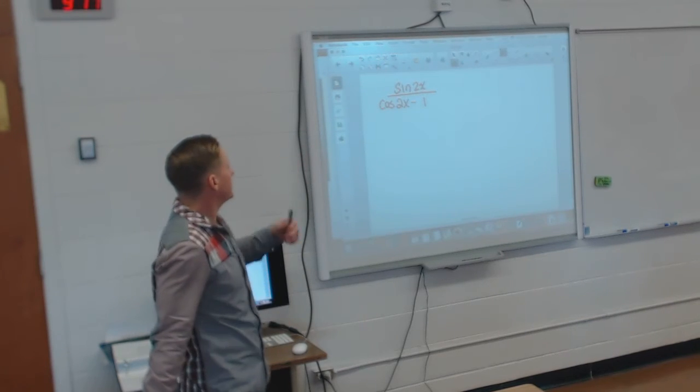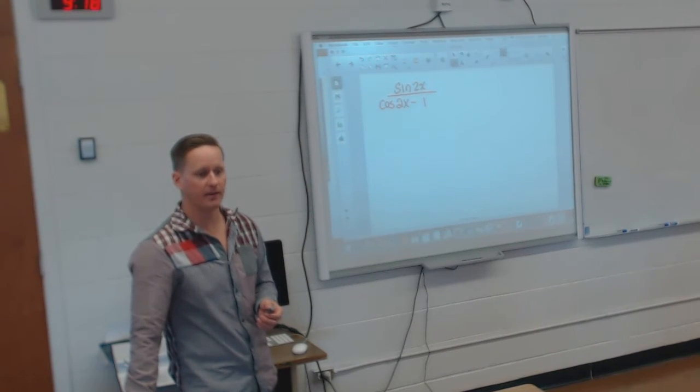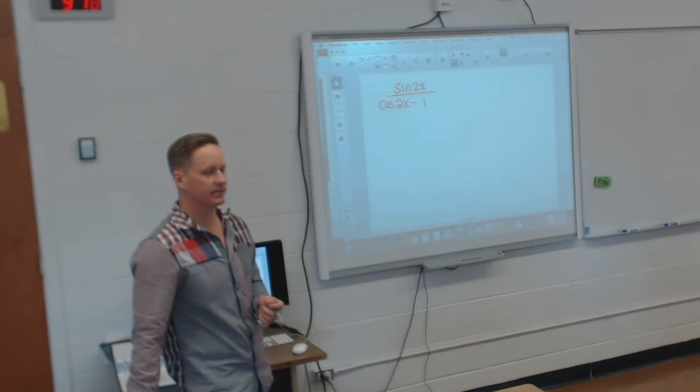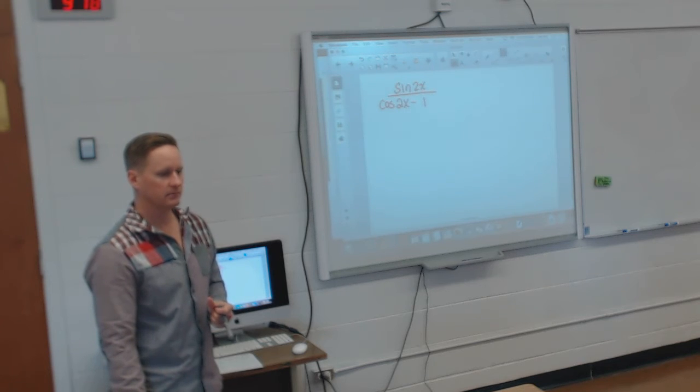Okay, so what's the identity for sine 2x? Flip back to your page at the start and find me what the identity is for sine 2x. How do I change that to a singular angle, not a double angle? 2 sine cos. Yeah.